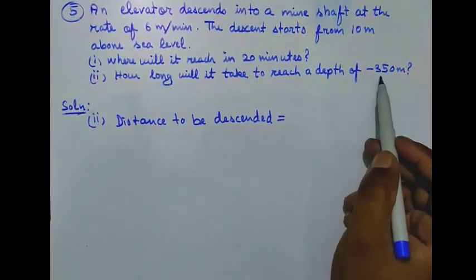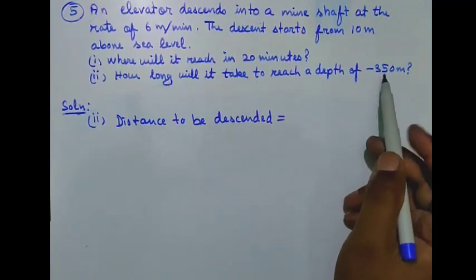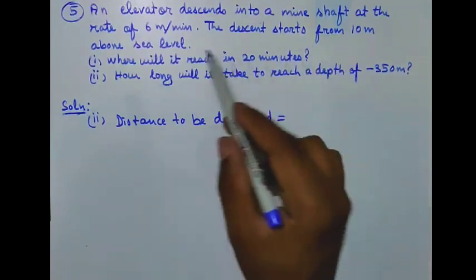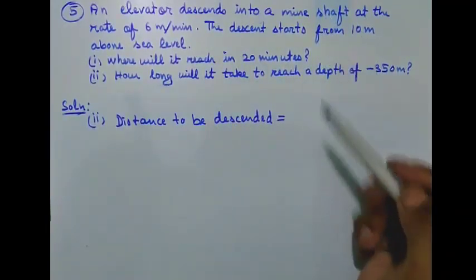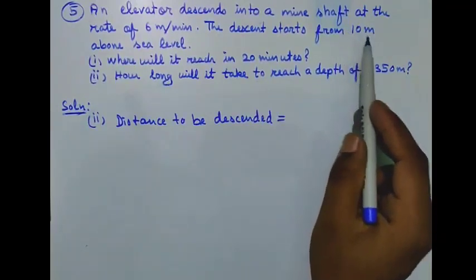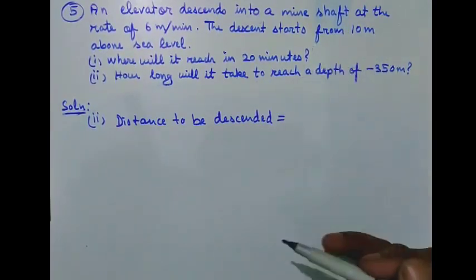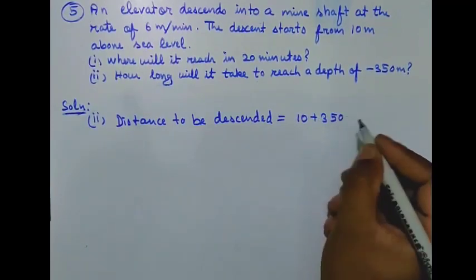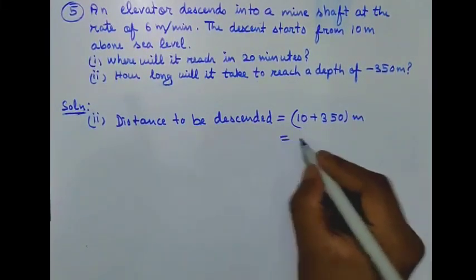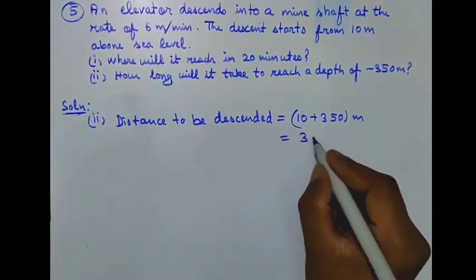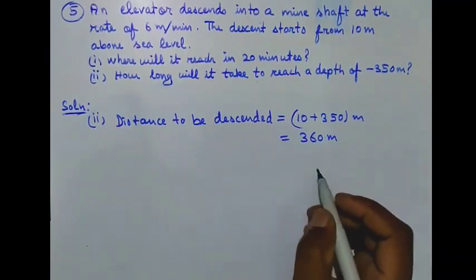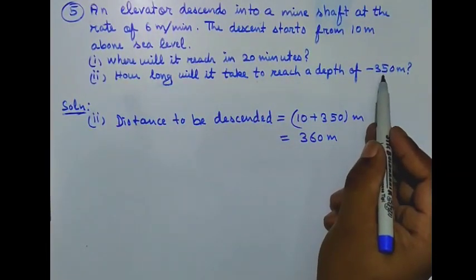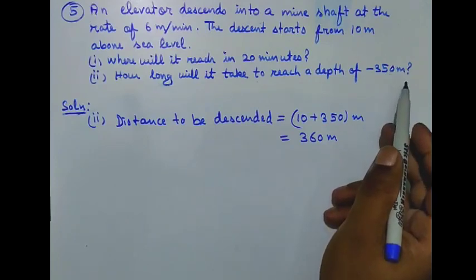Now this is negative 350 meter, which means 350 meter below the sea level. But where the elevator is, it is 10 meter above the sea level right now. So the total distance that the elevator has to travel will be 10 meter plus 350 meter below the sea level. So total distance will be 10 plus 350 meter, that is 360 meters. That is the total distance that the elevator has to travel to reach minus 350 meter.